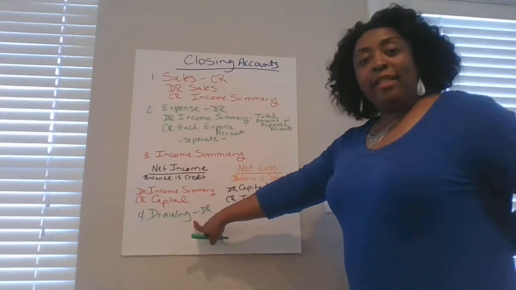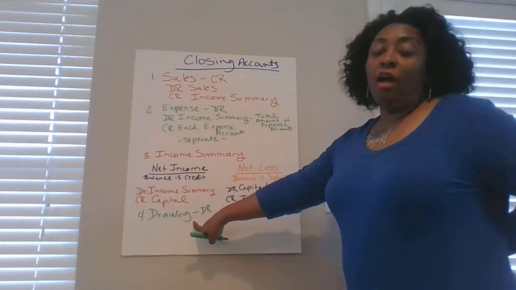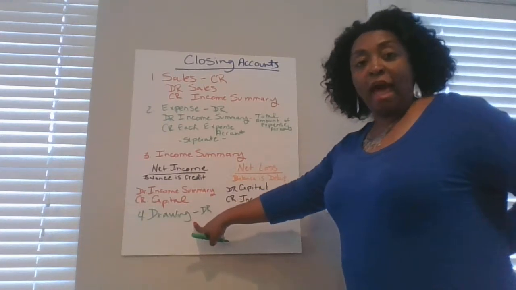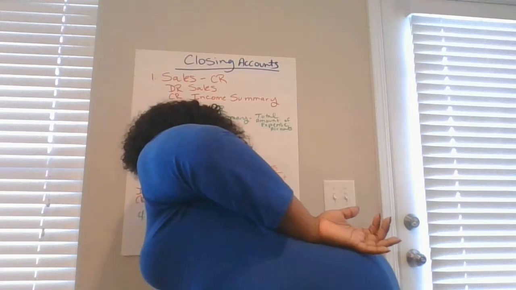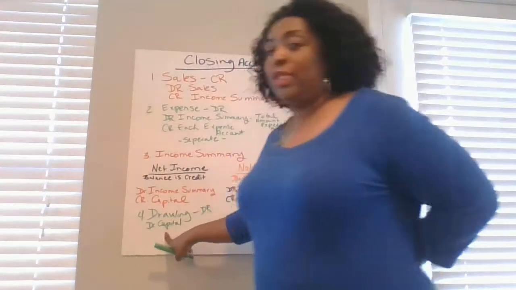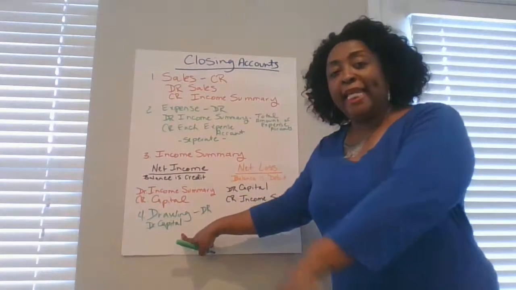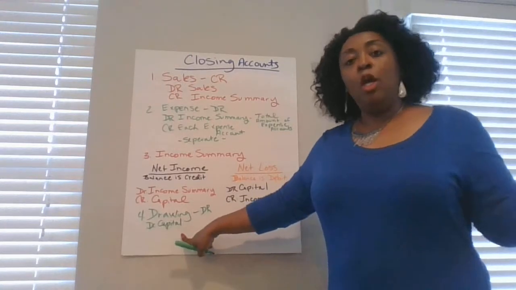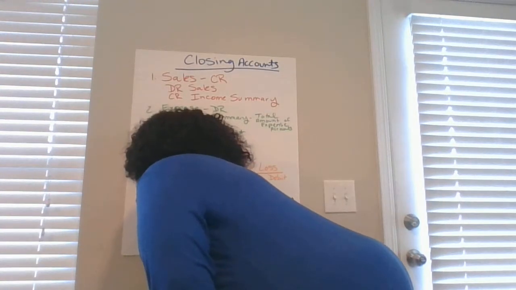So we want to reset this account every month to keep track of the money the owner's taking out for personal use. So we would debit capital, which reduces the value of capital, which makes sense because the owner has literally taken cash out of the company, which reduces the owner's value in the company. And credit drawing.